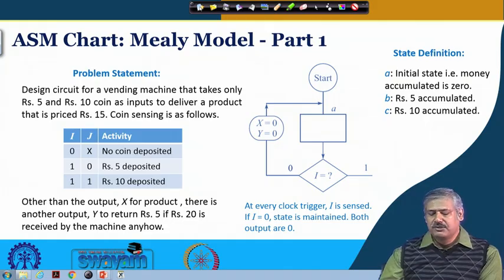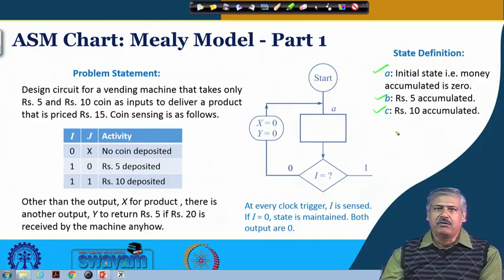The first thing we decide is A is the initial state, that is, no money has been accumulated. Money available with the machine is 0. B is rupees 5 received, C is rupees 10 received.